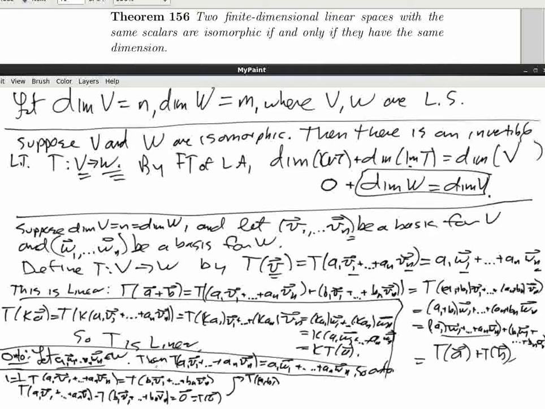Let's simplify this. I'm going to show it's one-to-one by showing that the only thing in the kernel is the 0 element. This is getting messy, I'm sorry. So if I have T of A1 V1 plus dot dot dot plus AN VN equaling the 0 vector of W, I'm going to show that this thing has to be 0.